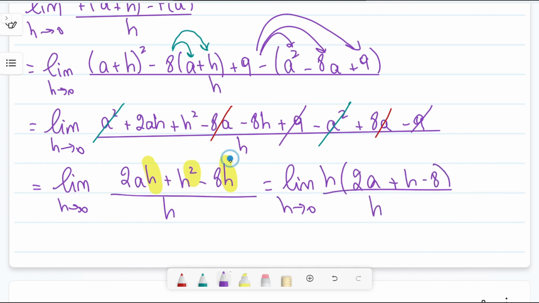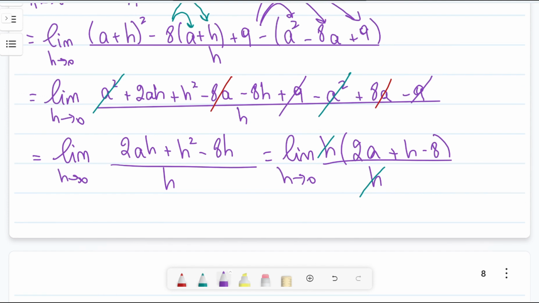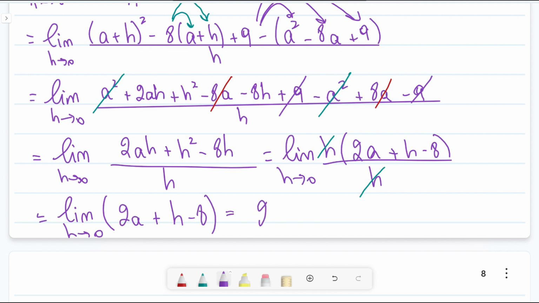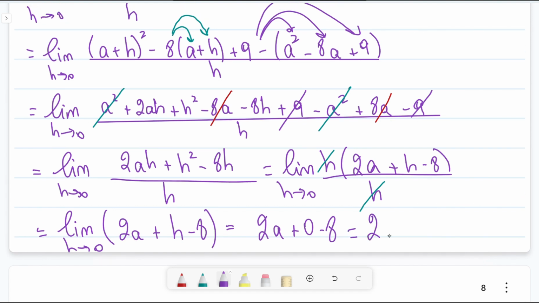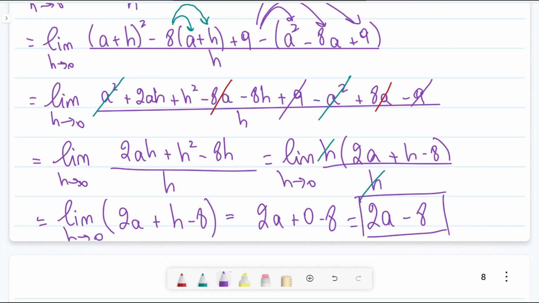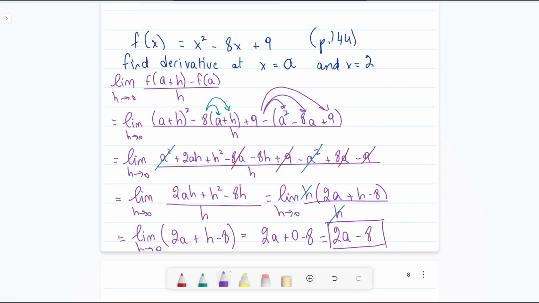And now let us cancel the h from the numerator and the denominator, which leaves us with the limit of 2a plus h minus 8. And now let's plug in h equals 0, and we get 2a plus 0 minus 8. So this is equal to 2a minus 8. And this is the derivative at the point x equals a.